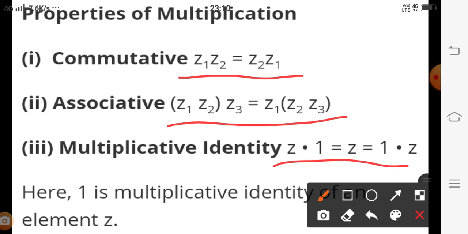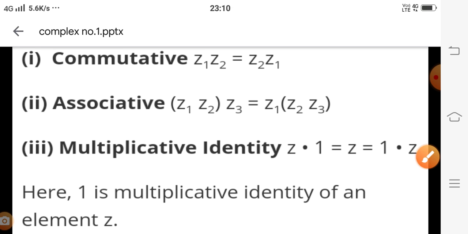For addition it follows the additive identity, and for multiplication we get the multiplicative identity. z into 1 gives z, and 1 into z gives z. It means that it follows the multiplicative identity.